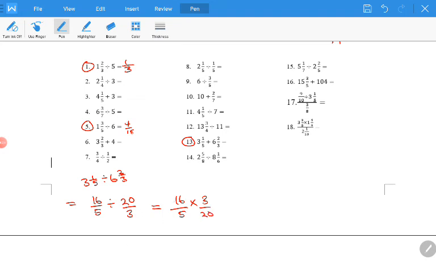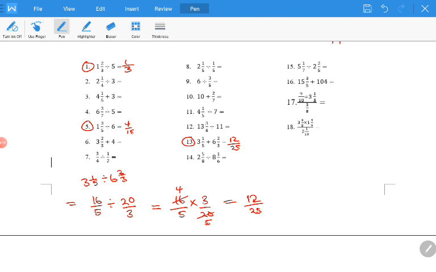So here if we divide by 4, 4 into 16, that's 4. 4 into 20, that's 5. So this reduces to 12/25. So the answer here is 12/25.